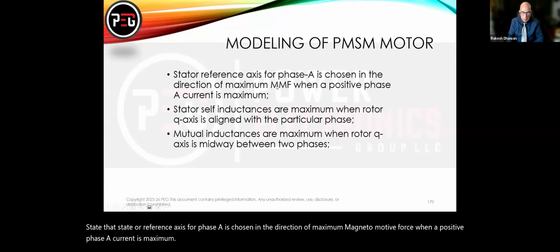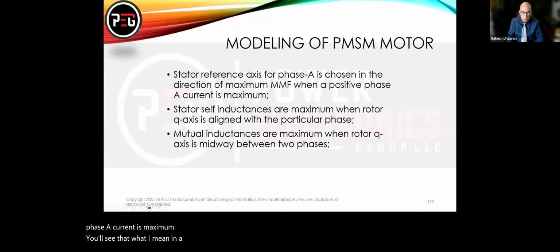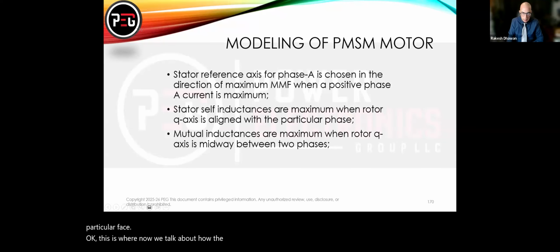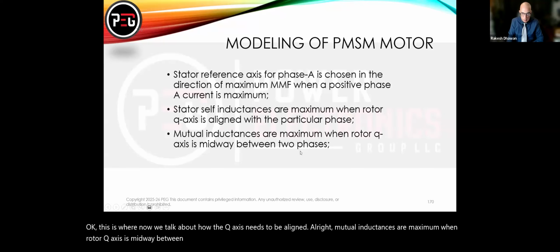You'll see what I mean in a minute, all right? Stator self-inductances are maximum when the rotor Q-axis is aligned with a particular phase. Okay, this is where we talk about how the Q-axis needs to be aligned, all right? Mutual inductances are maximum when the rotor Q-axis is midway between two phases, all right? So I'm going to give you examples of all of these statements one by one so we can understand, okay?